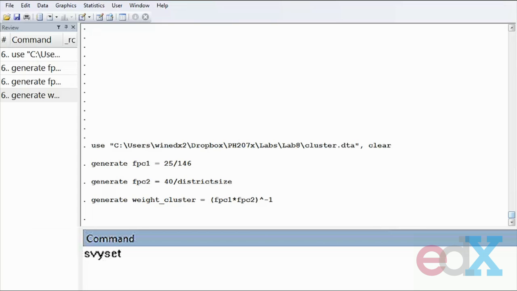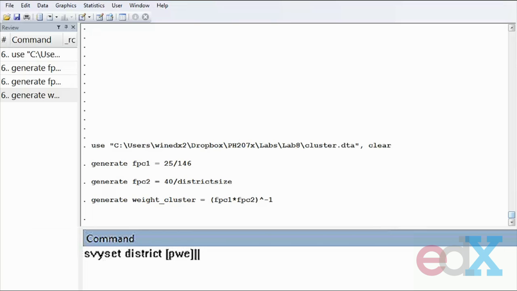To survey set data for a two-stage survey, we have to specify both stages of the survey, and in Stata you separate them using these two vertical bars. On one side of the vertical bars, we have our first stage, which is sampling of the district. So there we would plug in survey set, our district identifier, which in this case is just district.